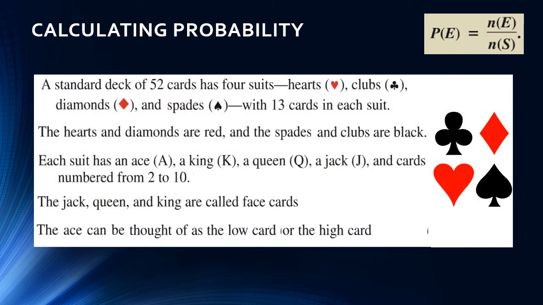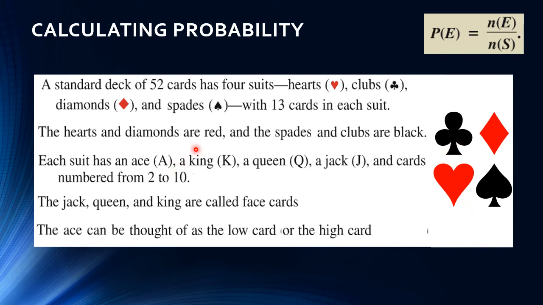All right, so we're going to look at a deck of cards. We're going to get some more challenging probabilities here. A standard deck of 52 cards has 4 suits: hearts, clubs, diamonds, and spades, with 13 cards in each suit. The hearts and diamonds are red, the spades and clubs are black.